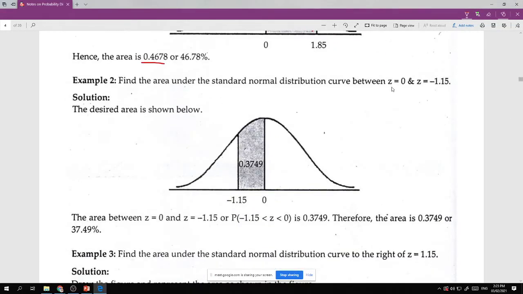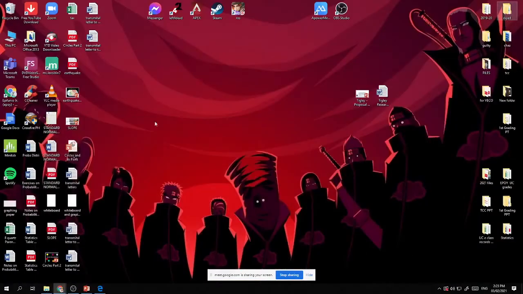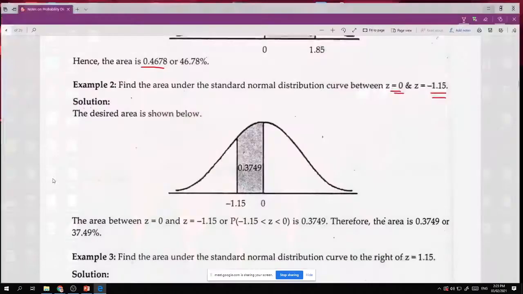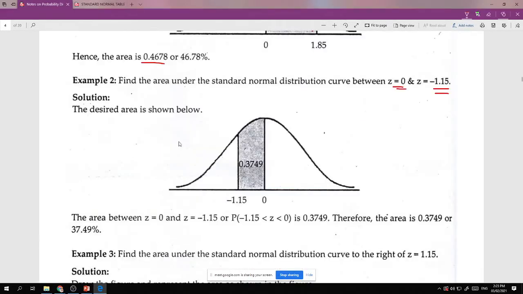What if it's between 0 and negative 1.15? In our table, let me look for the standard normal table first. There you go. How much was that, Section Galileo? 1.15.